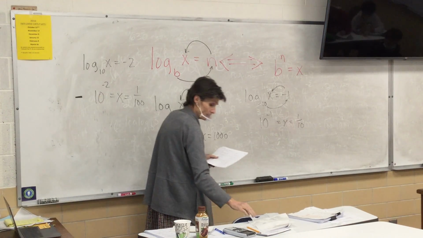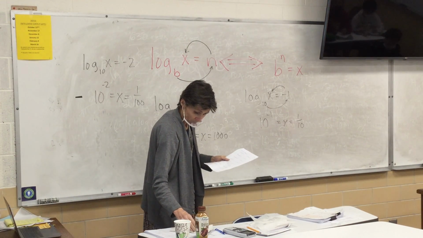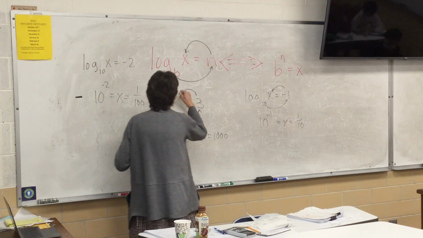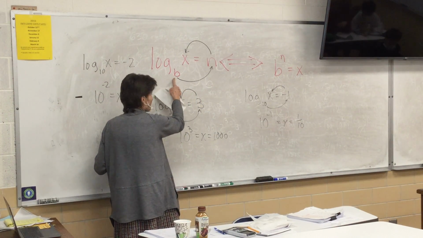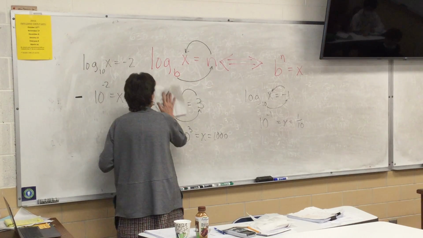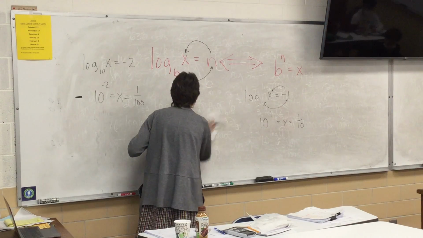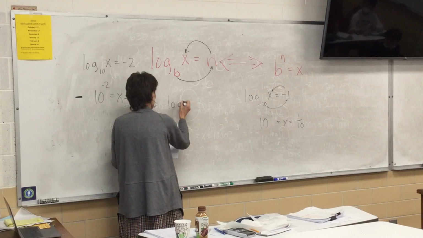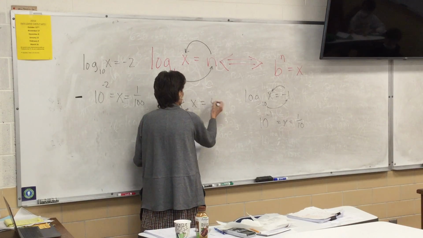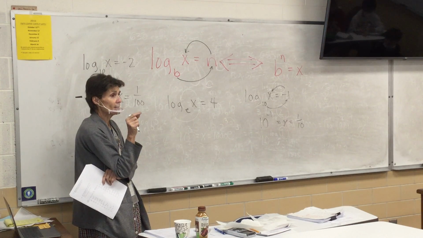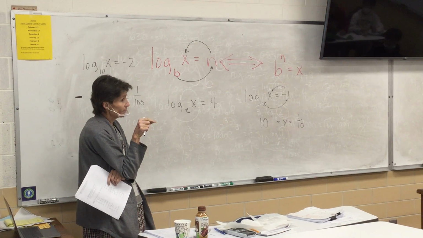Now, when it's an ln, it doesn't change anything. Notice, kids, I said log base b. That's any base. This works for any base. So if you happen to have an ln, then your base is just going to be e. Remember, ln is log base e.